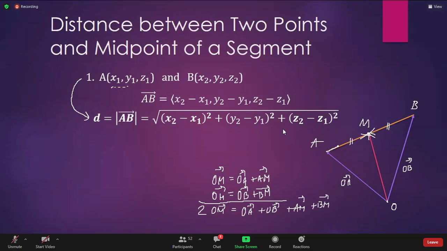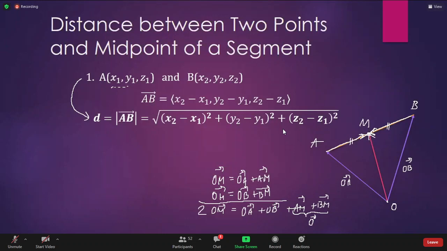Now we see that vector AM and vector BM are opposite vectors, which means their sum must be the zero vector, because opposite vectors have opposite coordinates. When we add the opposite coordinates, we evidently get 0, 0, 0. So the sum of opposite vectors is, of course, the zero vector.